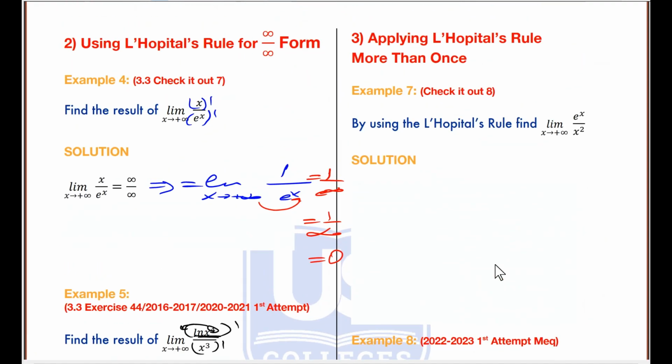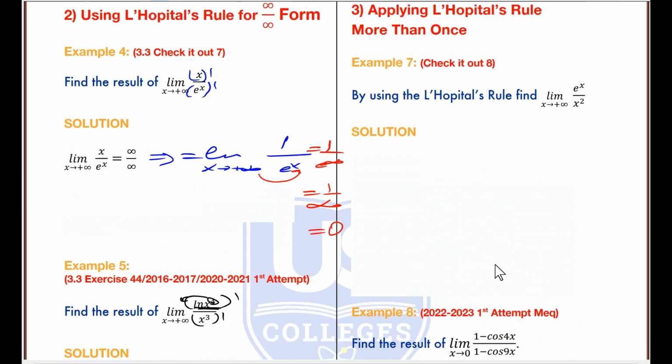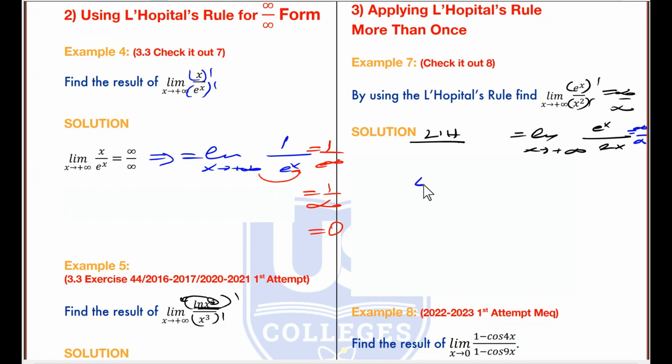Okay, what about applying L'Hopital's more than once? When we have an infinity over infinity case by using direct substitution, we apply L'Hopital's. So let's apply L'Hopital's first. Take the derivative of top, derivative of bottom. The derivative of top is e to the x itself, bottom 2x. Substitute infinity again. It's going to give you e to the infinity, infinity, over 2 times infinity, infinity, again an infinity over infinity case.